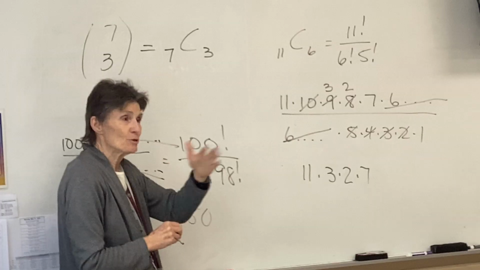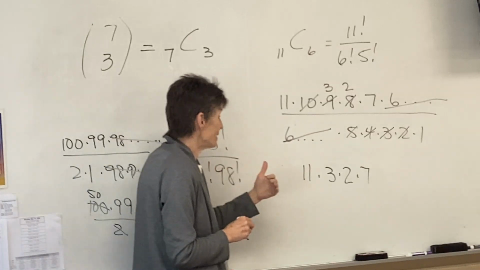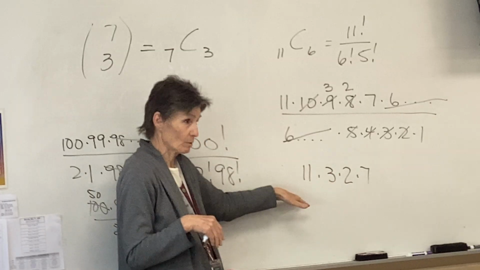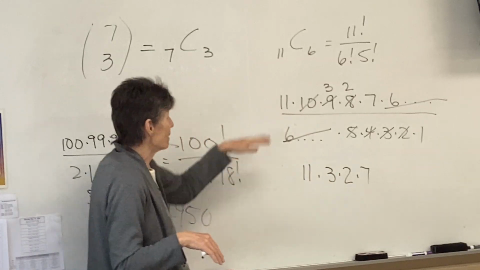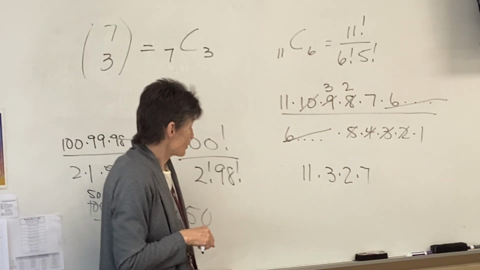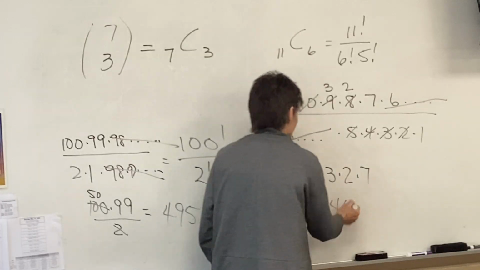Now, I'm going to let you do that on your calculator, but you have to admit that's not bad. I can do that arithmetic. In the old days, I had to do that arithmetic. It's much easier than all this, for sure. So what is that? 462.